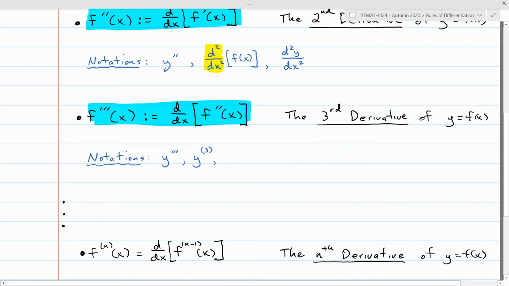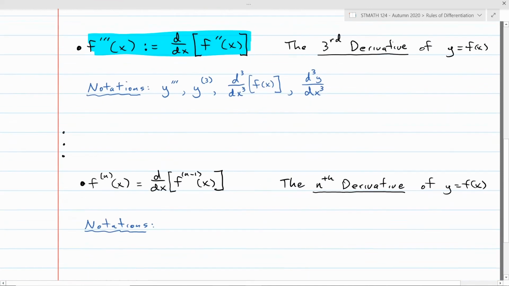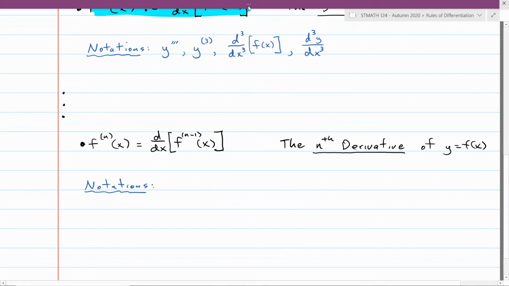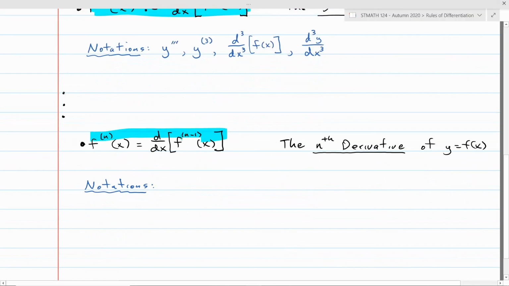Or we might write this as d3/dx3 of f of x. Or we could write it d3y/dx cubed. All these notations mean third derivative. And then, of course, when you start talking about some arbitrary nth derivative, it still means the same thing. Anytime you're doing an nth derivative, you're just taking the derivative of the previous derivative.